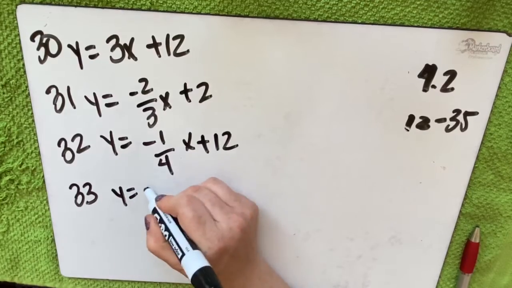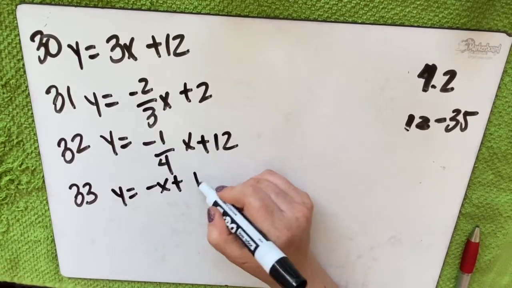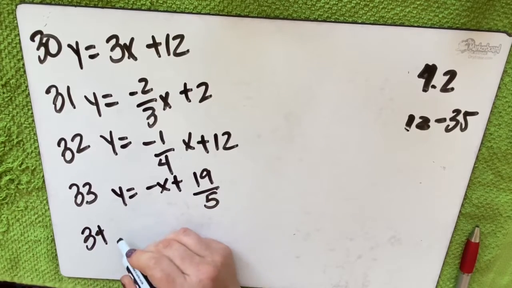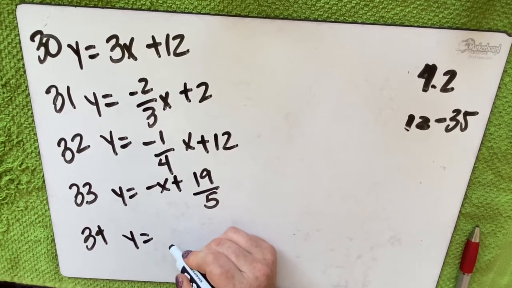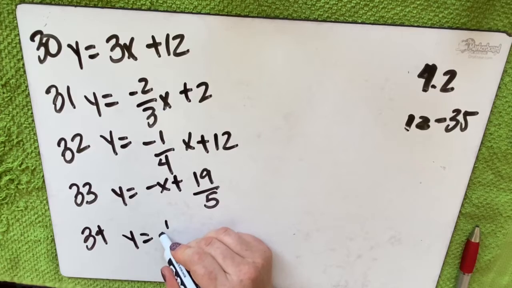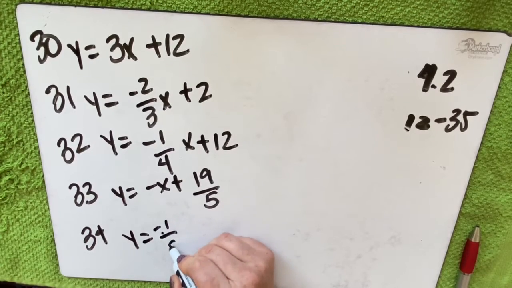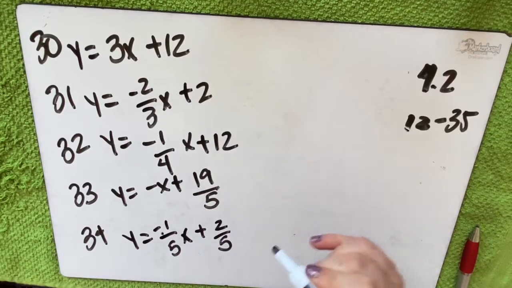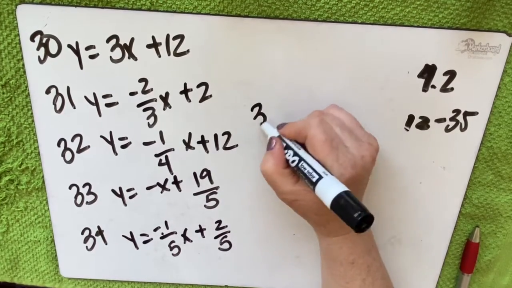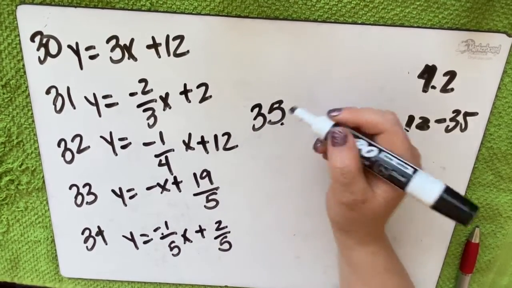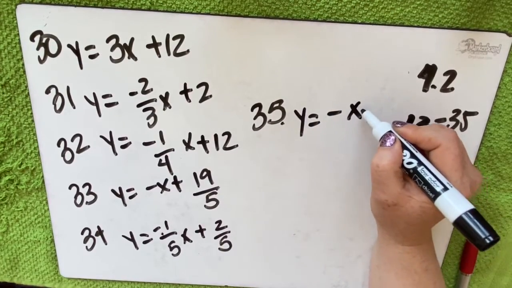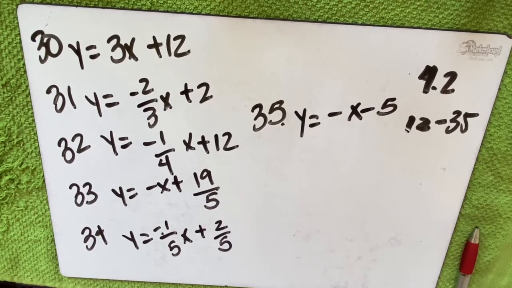Y equals -x plus 19/5. 34. Y equals -1/5 x plus 2/5. Okay, and then 35. Y equals -x minus 5.